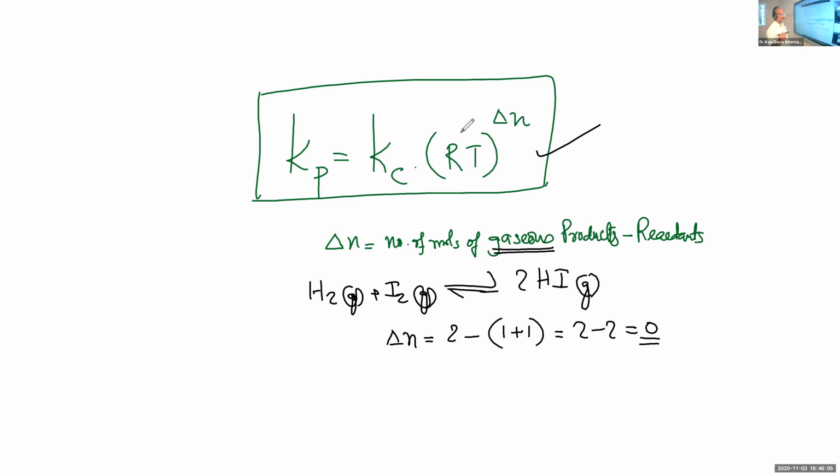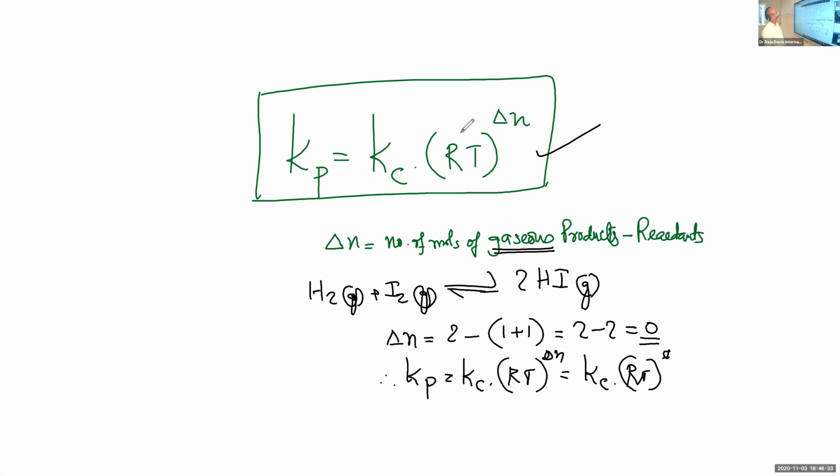Delta N is equal to 0. Therefore, Kp is equal to Kc into RT raised to delta N, which is Kc into RT raised to 0. RT raised to 0 is, simple math, equal to 1.